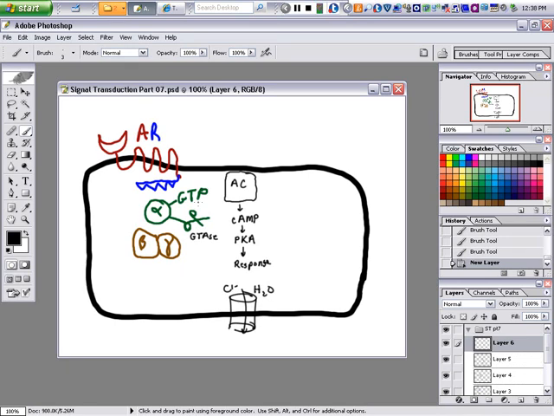What would happen if you could block the GTPase activity of the G stimulatory alpha? Again, this is the question. What would happen if we could block the GTPase activity of the G alpha? Does everybody understand the question? Okay. Think about it for 5 seconds. Does anyone have the answer? Anyone think they have the answer?